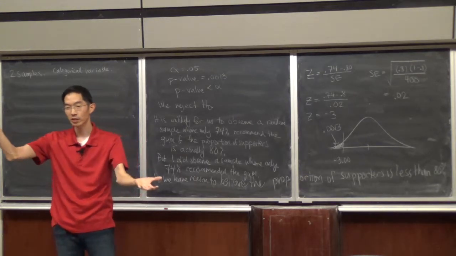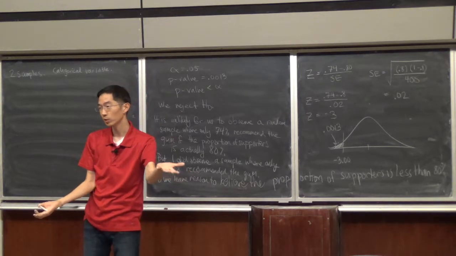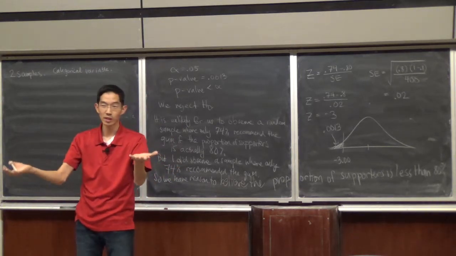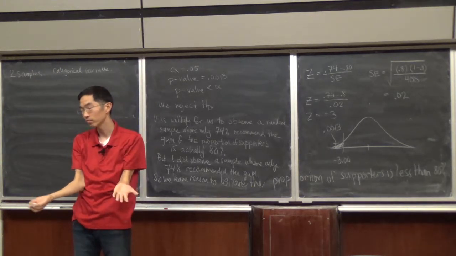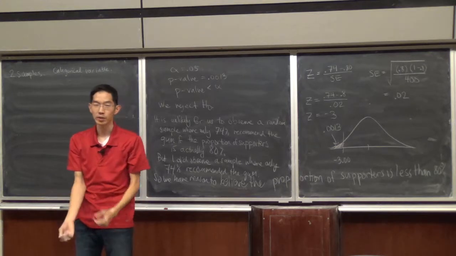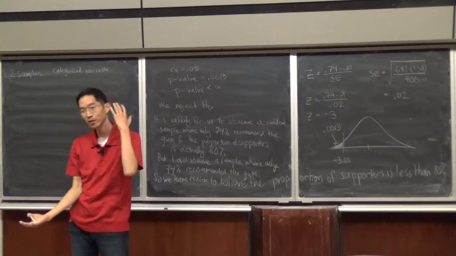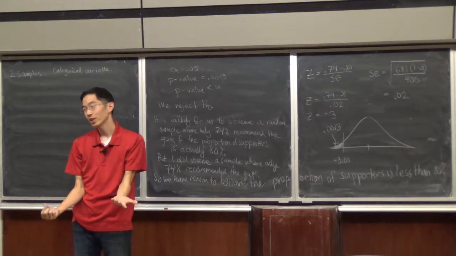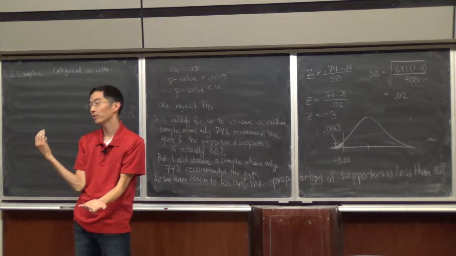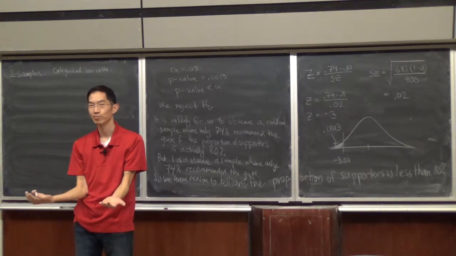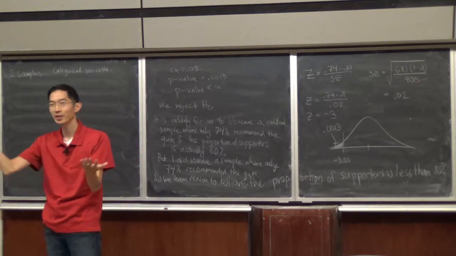Maybe your sample has 15% left-handed males, 17% left-handed females. Does that mean males and females in the population have different proportions left-handed? Maybe, maybe not. Or it could be, maybe you've taken a sample of males, sample of females, and then you say, what percentage of males paint their nails, okay?